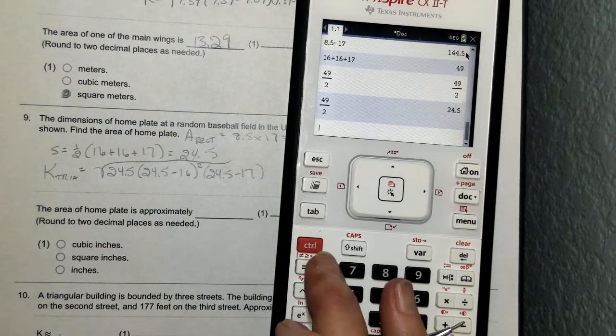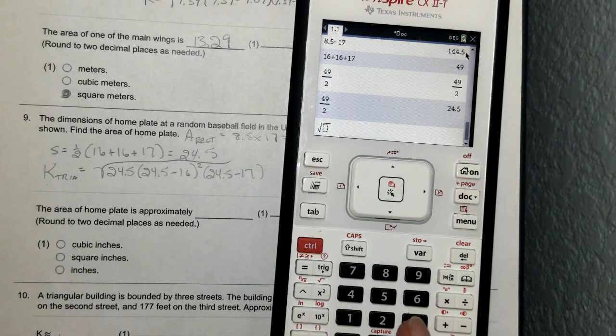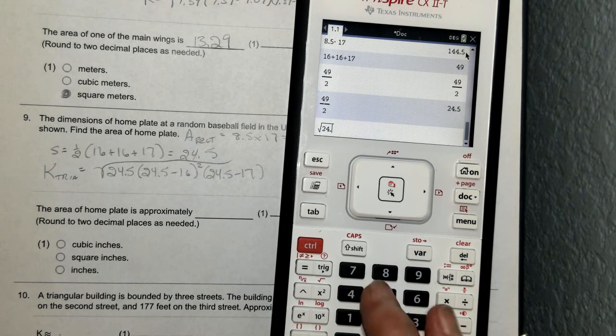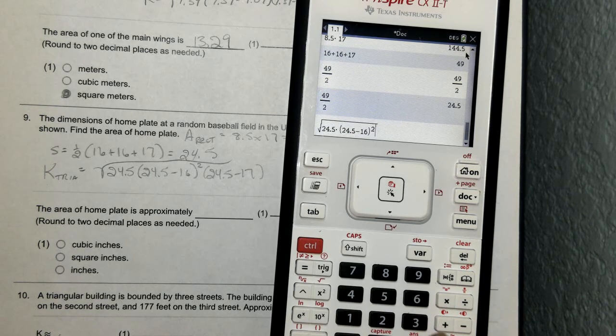So let's do, everything's visible, control square root, 24.5 times parentheses 24.5 minus 16, close parentheses, squared, times parentheses, 24.5 minus 17, close parentheses.